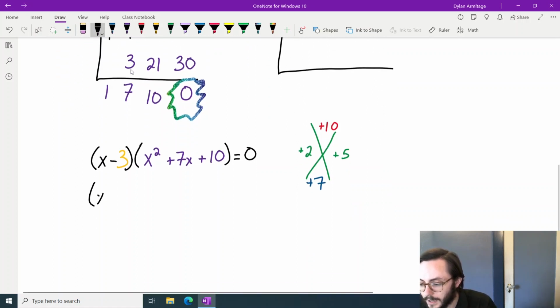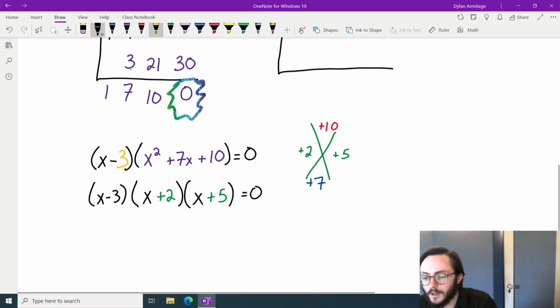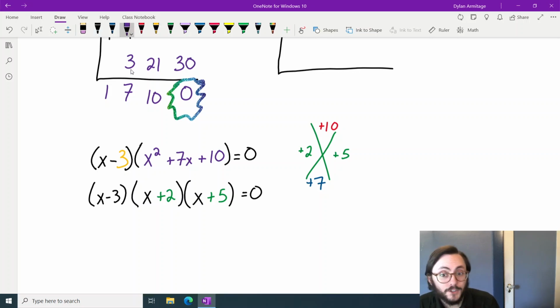So we have x minus 3 there. Now factored, we'd have x plus 2 times x plus 5 equals 0. Right. And our zero product property states that one of these terms can be 0 for the whole thing to be 0, so we can set them all equal to 0.